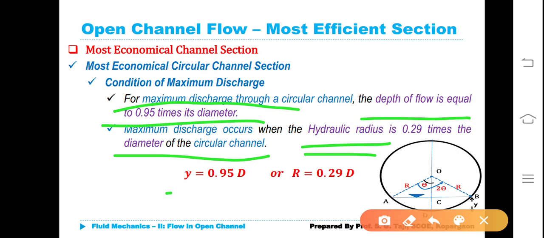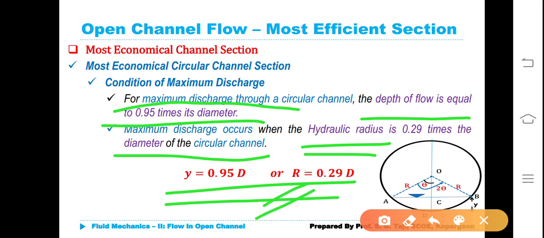So mathematically we can express these two conditions as depth of flow small y is equal to 0.95 times the d, or hydraulic mean radius R is equal to 0.29 times the d, where d is the diameter of the circular channel section, R is hydraulic mean depth, small y is depth of flow, as is very clearly seen in this small figure.